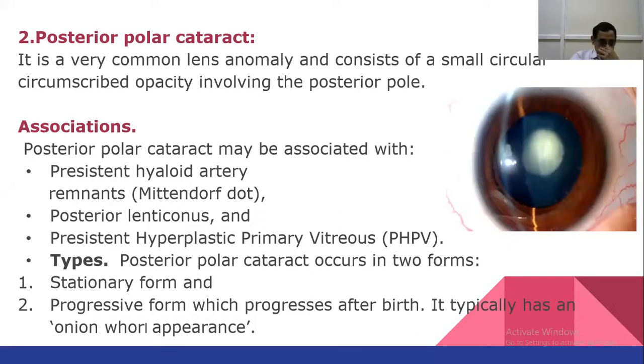Some of the associations with posterior polar cataracts are posterior lenticonus and PHPV, persistent hyperplastic primary vitreous. Types: posterior polar cataracts occur in two forms, stationary form and progressive form. The progressive form, which progresses after birth, typically has an onion-ring shape. We can see the diagram here, the posterior polar cataract.